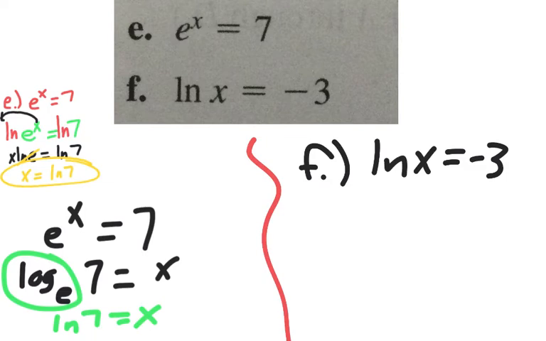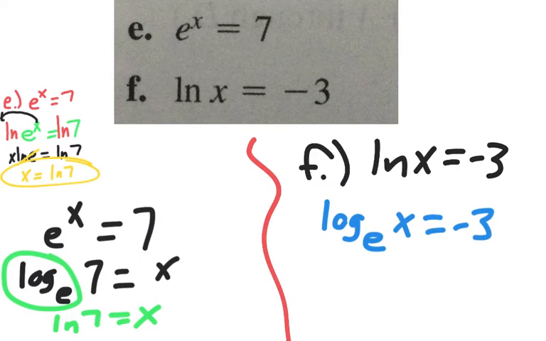Okay. And what about f? Does anybody get an answer for f? E to the negative 30 equals x. Okay, and how did you know to do that? What were your steps? Natural log is log base e. Okay, so natural log is just another way to say log base e. And so then you rewrote it from logarithmic form to exponential.